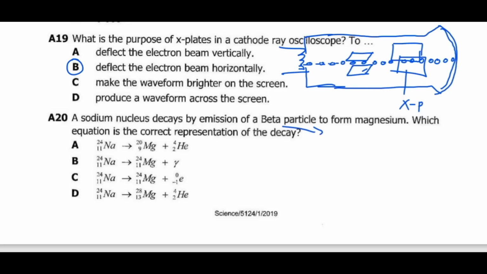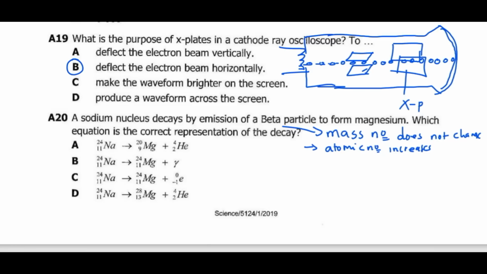Under the beta particle, remember that the mass number does not change. Make sure this is true for whatever multiple choice you choose. Then the atomic number increases by 1 unit. This is very important under this decay.